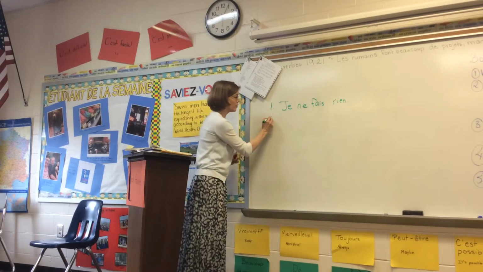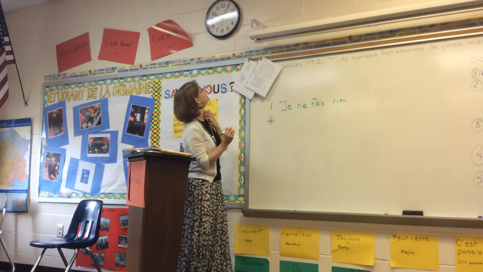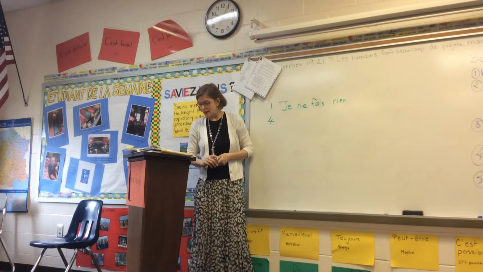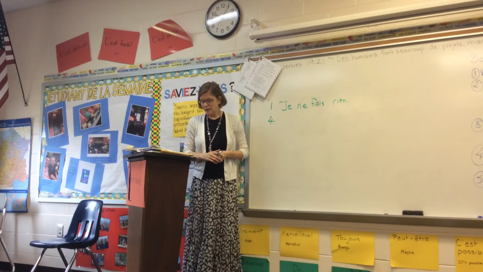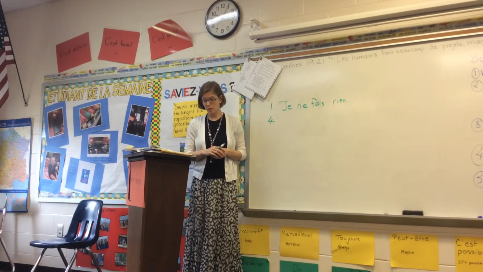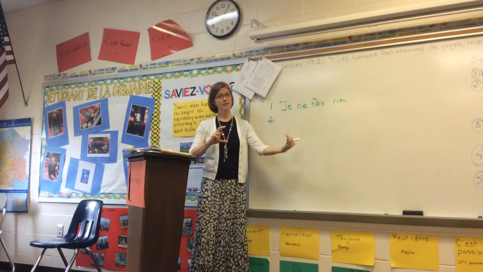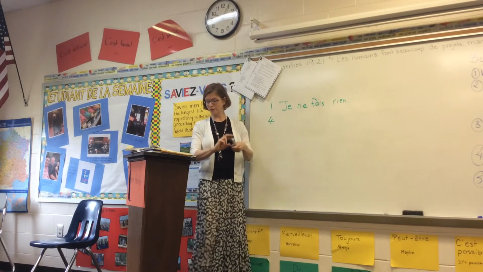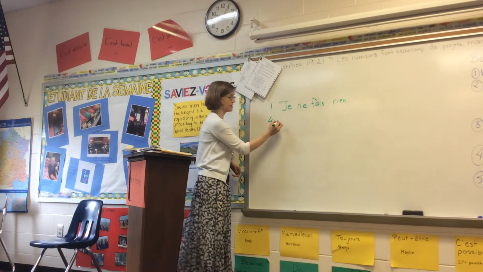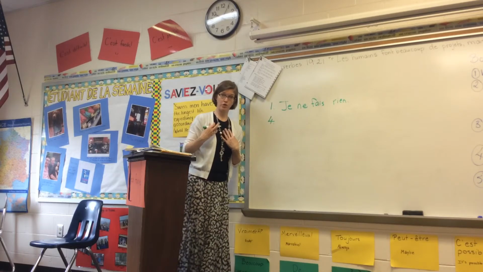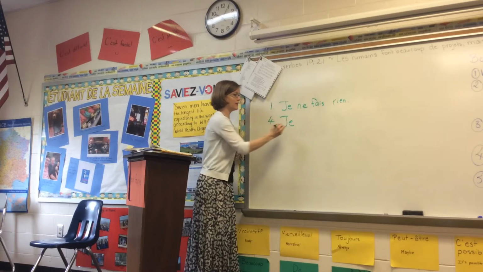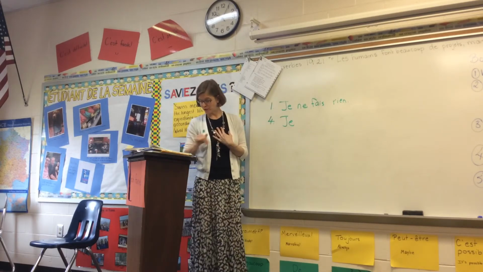All right, number 4, and I'm having to hurry a little bit because the break bell is going to ring soon. Number 4 asks, did you eat something? So they want you to say, I didn't eat anything. So this time it's past tense. So look on your card, look under your past tense formulas, and find where it says you need your subject. So we're going to say je, okay? Then we're going to have either N-E or N apostrophe.